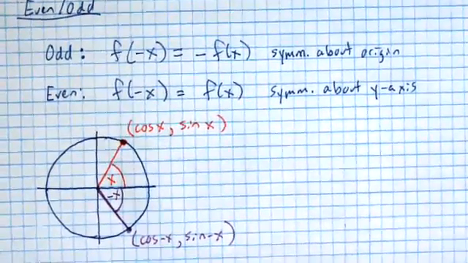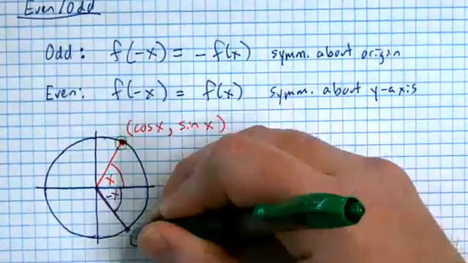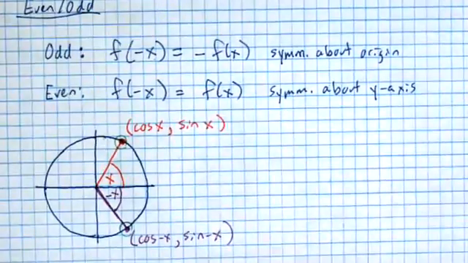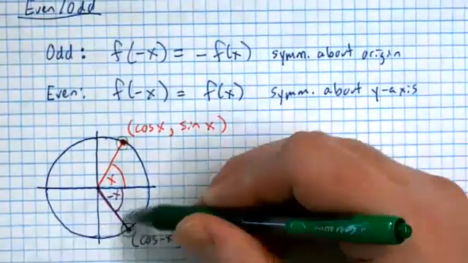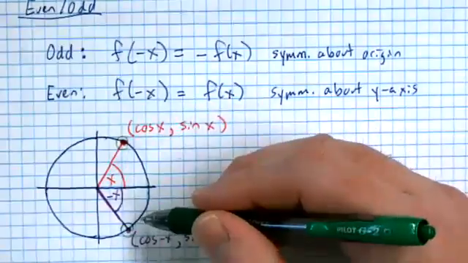All right, now I need you to use your brains. I want you to look at these two points and think about their x coordinates. If all of this is symmetrical, what is going to be true about the x coordinates of these two points? They will be exactly the same.